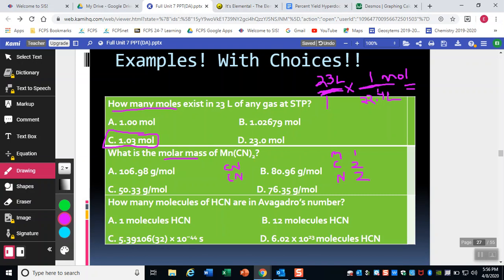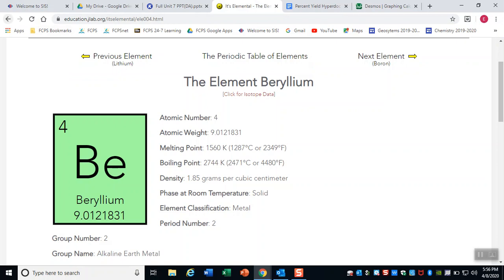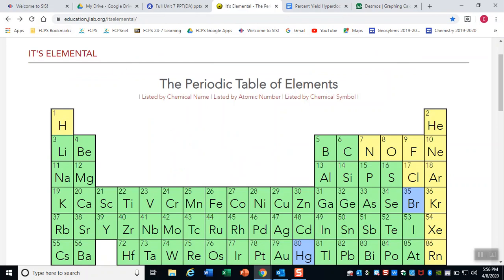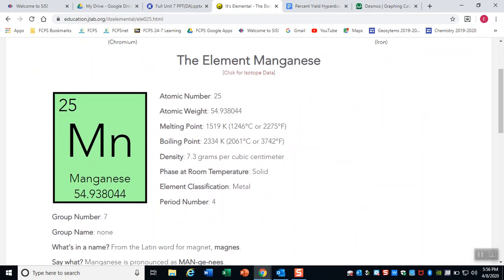All right, but now I want the mass, so I'm going to look at the periodic table. Oh, I forgot my N. Mn. I'm going to look at the periodic table and find out the mass of manganese. Here it is. It's a transition element, so it's 54.9. I'm going to round that to 55.